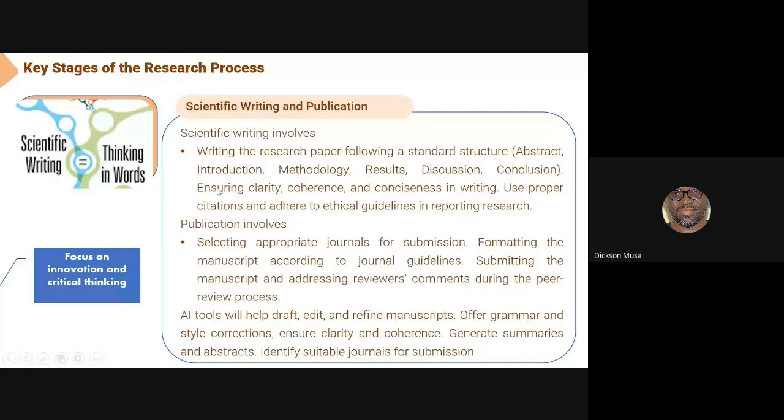Now, as AI is helping you to do all this, what it does for you is to help you to focus on innovation and critical thinking. You outsource the manual labor to AI, then the critical thinking aspects and innovation is what you now dwell on.